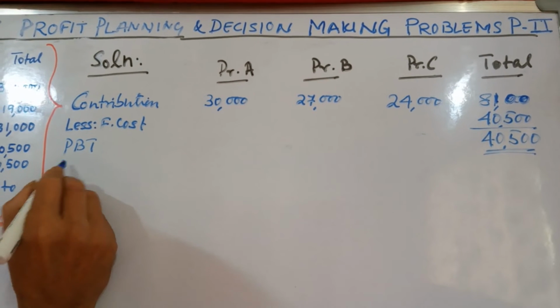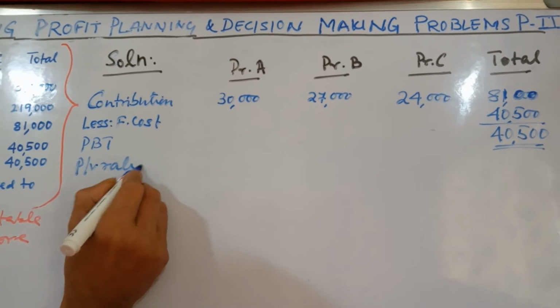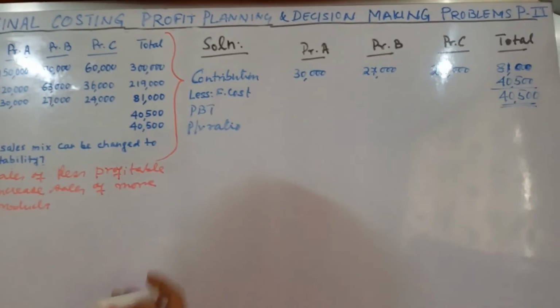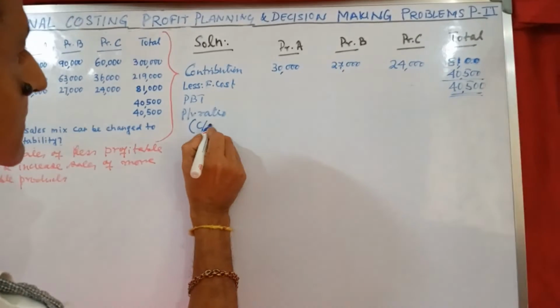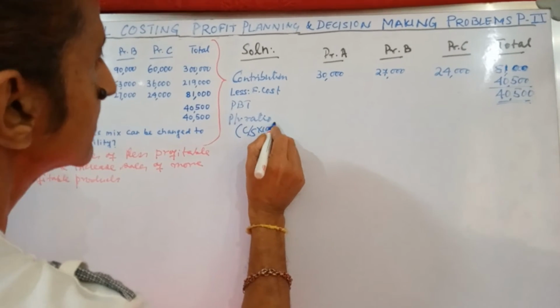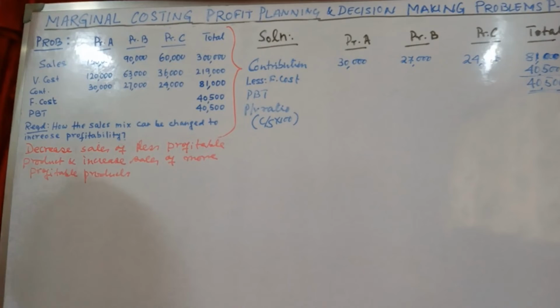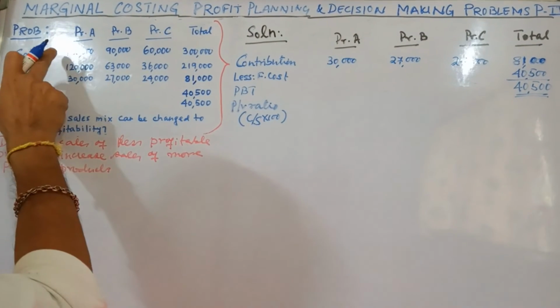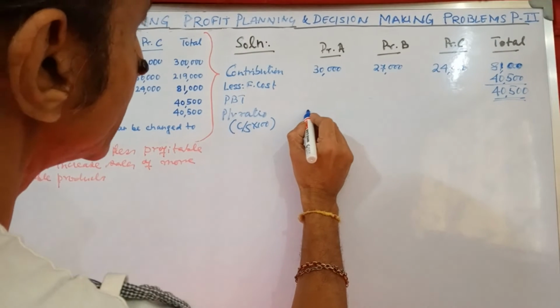PV ratio is equal to C by S into 100, that is contribution by sales into 100. So here it is 30,000 by 150,000 into 100.